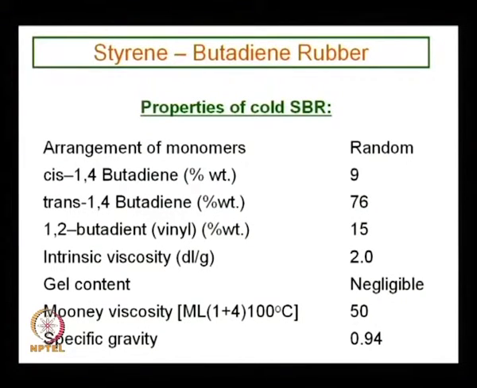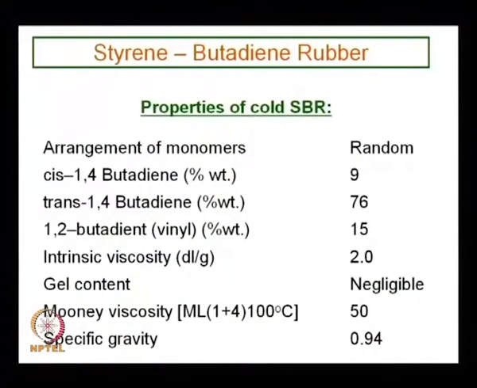If it is 50, then the Mooney viscosity is called 50. If it is 60, Mooney viscosity is 60. So, at ML 1+4 at 100 degree Celsius, it is reported like this: 50, 40, 30, 35, 45, 52. The higher the number, the higher the viscosity; the lower the number, the lower the viscosity.